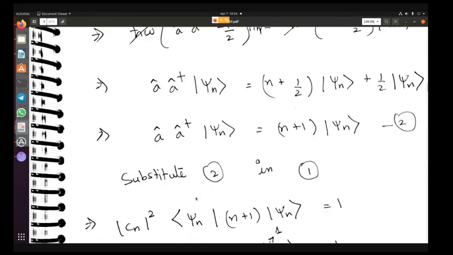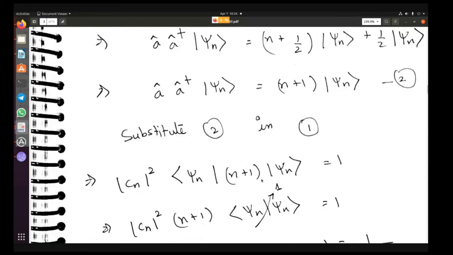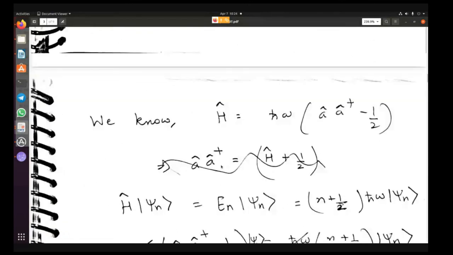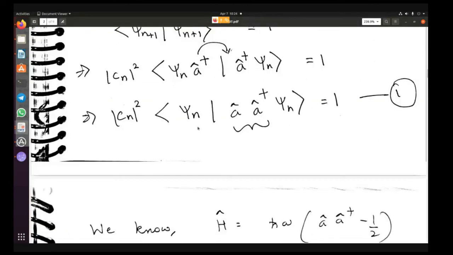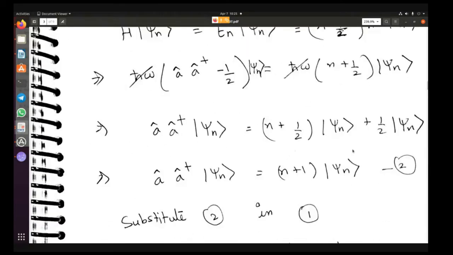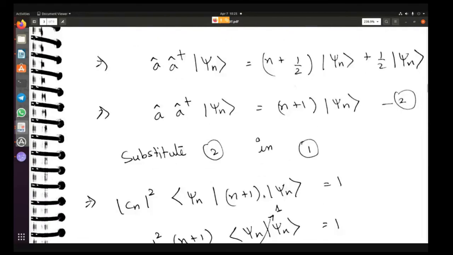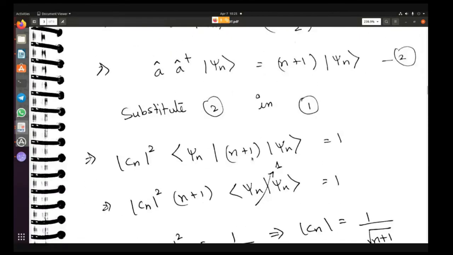Which means now you can just substitute this here. We had Cn square times the scalar product of bra psi n with A dagger psi n. So instead of A dagger psi n, we can put n plus 1 into psi n. That's what we are doing here. N plus 1 is just a constant, so it comes outside.